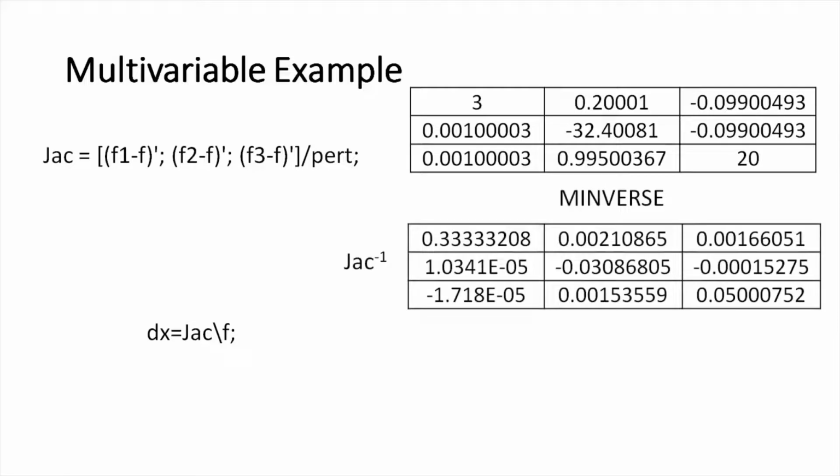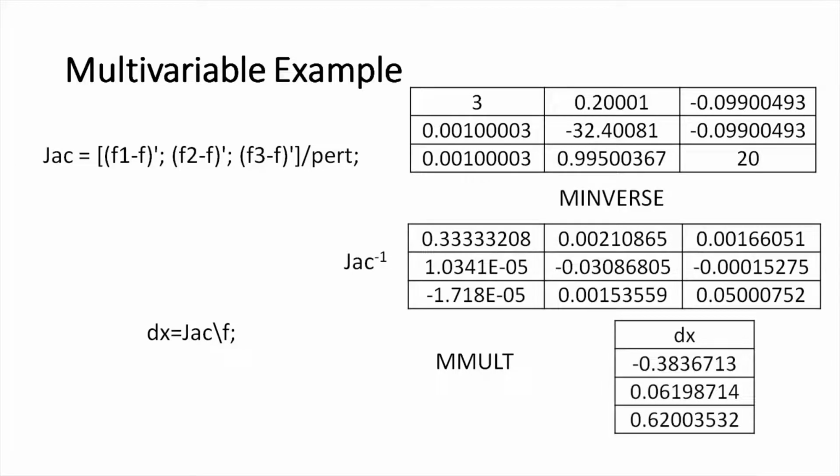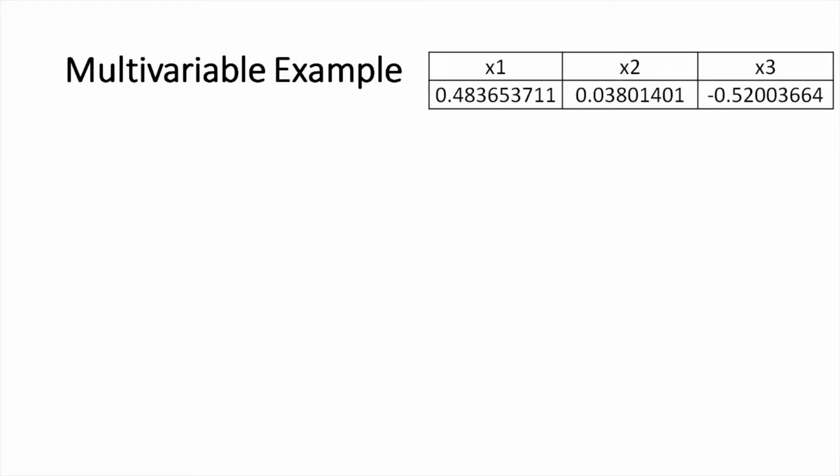And for MATLAB, we had to use minverse of the cell above, use the same size, and press Control Shift Enter to have it accept as an array. And then we had to mmult the inverse of the Jacobian matrix and the function. And it gives us the change in x. And a new x value was obtained.